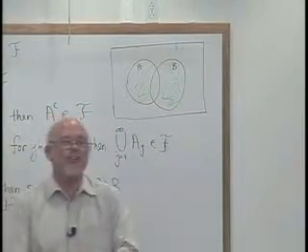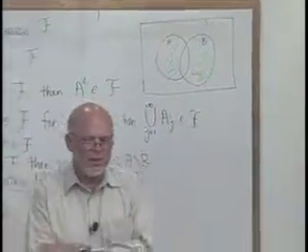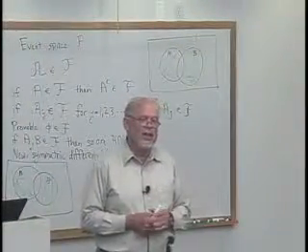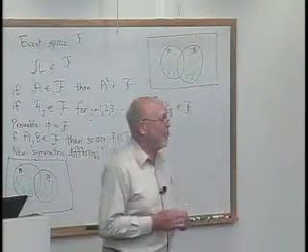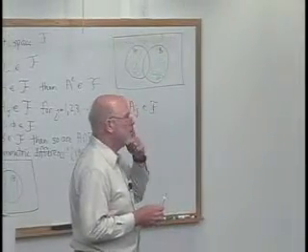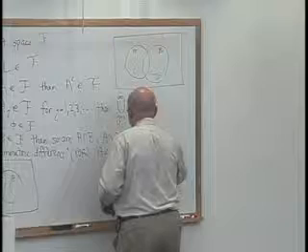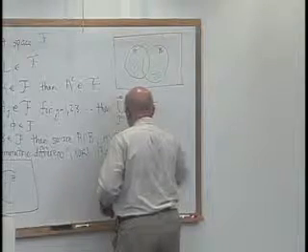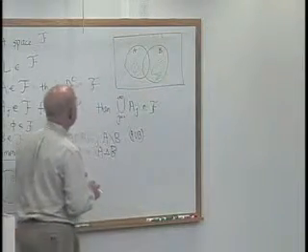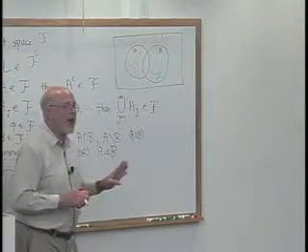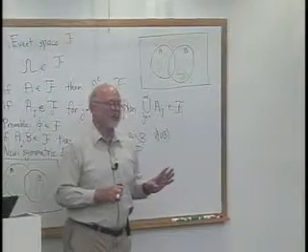Can someone see how to describe this event in terms of events and operations? Yes, Robert? Okay, A union B, which is all your greenies, and the stuff in the middle, intersected with the complement of A intersect B. That's correct, but you can make it a little more concise and elegant.